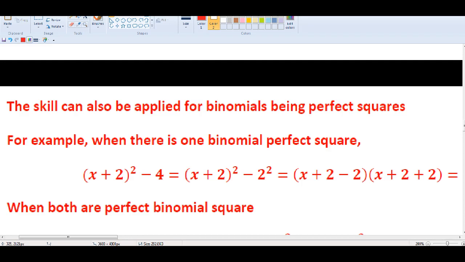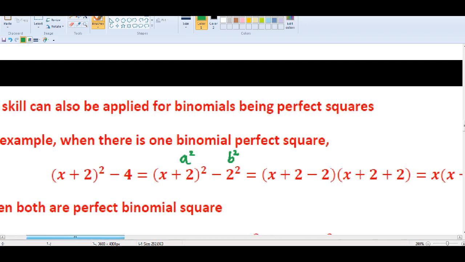So you might think, if I treat that x plus 2 as one term, as one single thing, and that's 4. 4 is a square number, so you see that's (x + 2) squared minus 2 squared. So I just imagine this is a squared minus b squared.